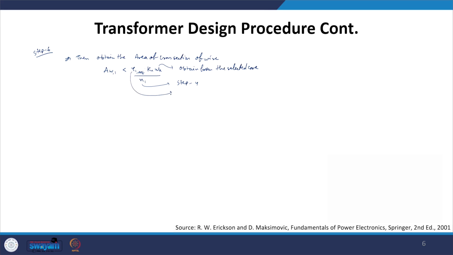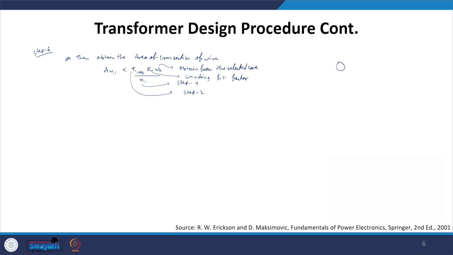This value we can obtain from step number 2 by doing the optimization such that the total copper loss in the winding is at its minimum value, and Ku is nothing but the winding fill factor, which is to accommodate the area which got lost while doing the winding.